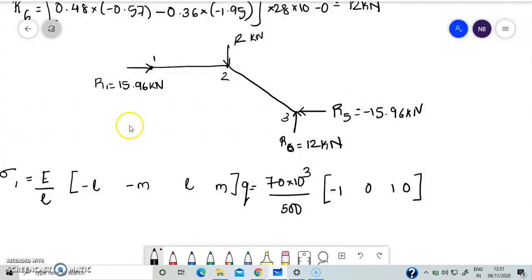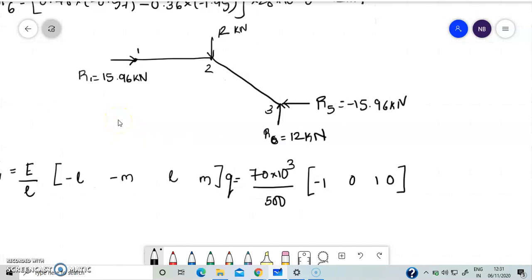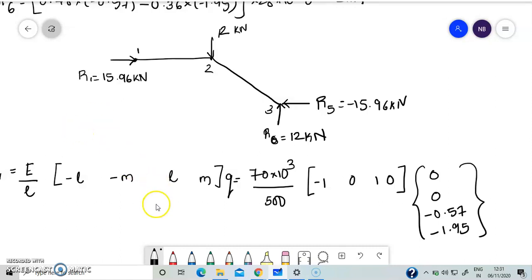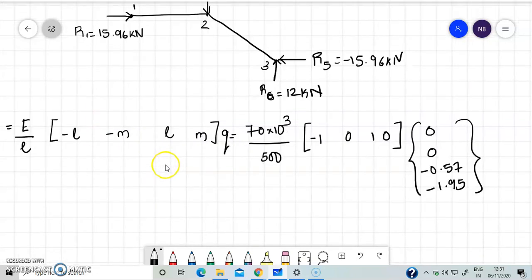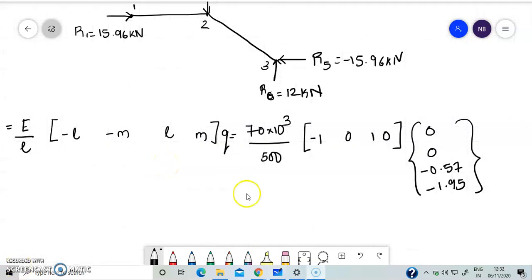For element 1, we have Q1, Q2, Q3, Q4. We know that Q1, Q2 is 0 and Q3, Q4 was minus 0.57 and minus 1.95 respectively. Solving for this, we get 79.8 Newton per mm square.